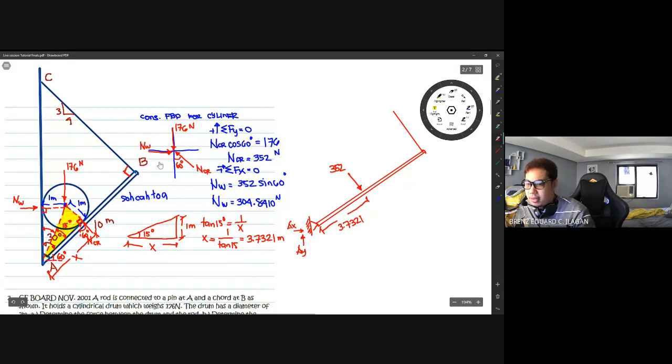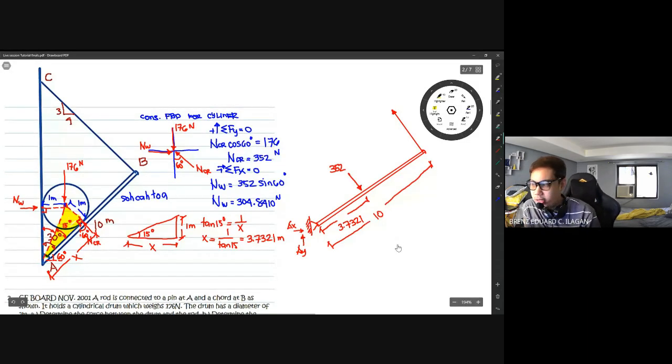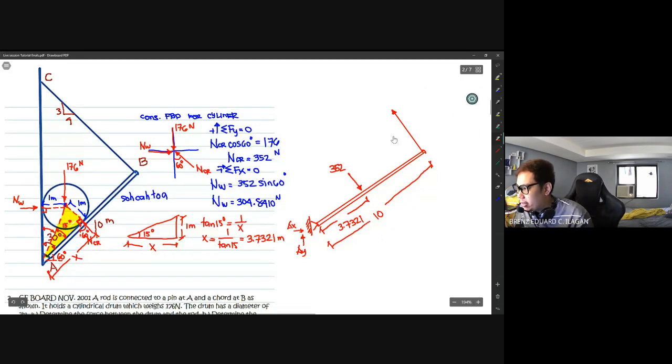Pero kailangan muna nating i-check if naka 90 siya, maaaring hindi accurate yung drawing ko. Kasi kung perpendicular yan walang problema eh. Kapag perpendicular yan, kung ano yung distance na to, ayan na guys yung magiging moment arm natin kapag nag-summation tayo ng moment. Kaso hindi mo kasi pwede sabihin na perpendicular yan.